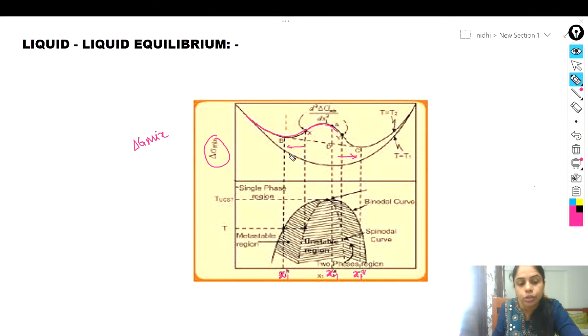So when you change the composition, it may go towards the lower energy. That is what you can see over here. So this is temperature T2. Clearly we can understand from the delta G mixing versus X1 plot that it does not have a lower energy, so it is not stable.